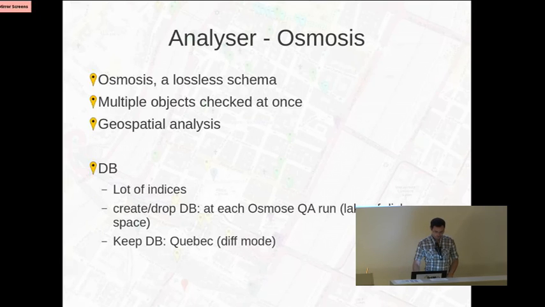It takes a long time for two reasons: we must drop the database each time we want to load a new country, because we don't have sufficient storage to keep all the databases. We have a diff mode that can run analysis on diffs, but we don't have enough disk space to run this mode. It's really quick, but we can't run it.